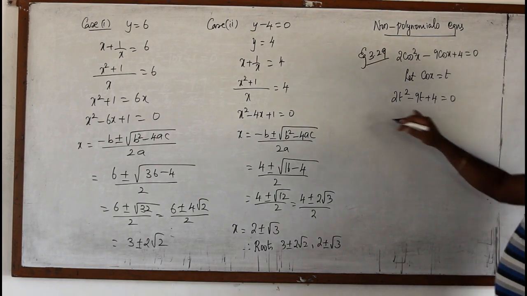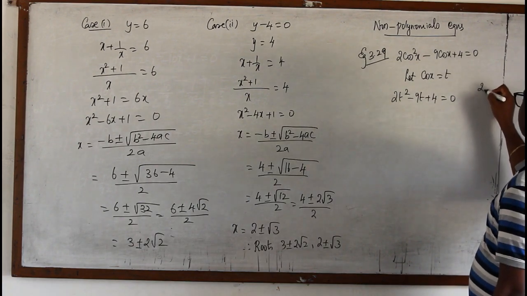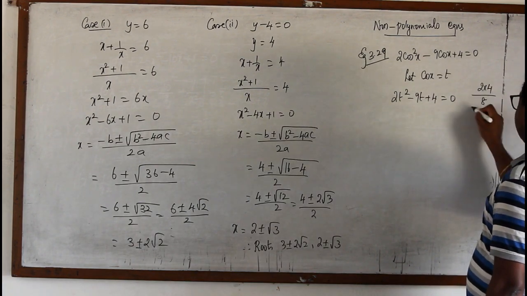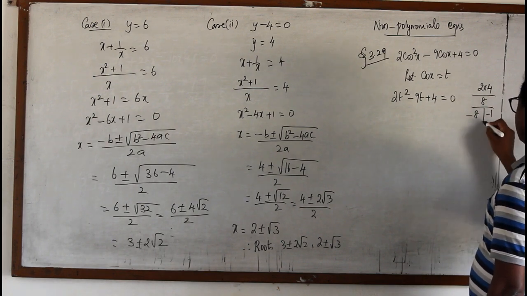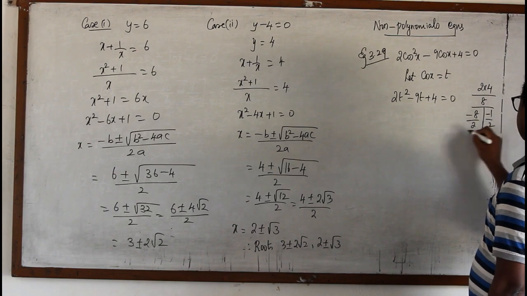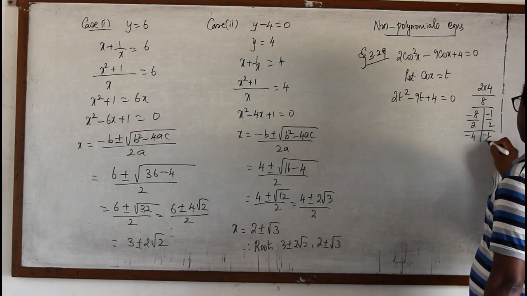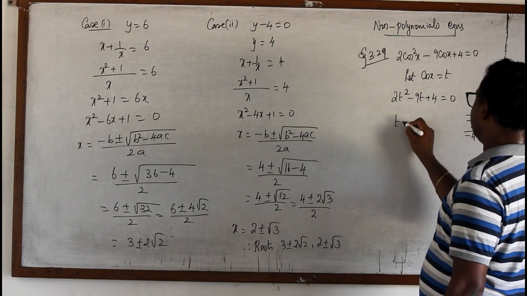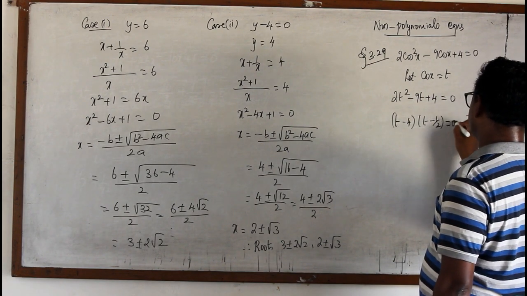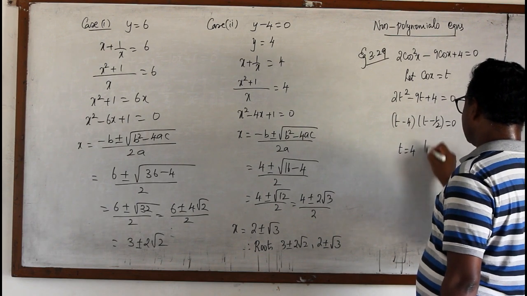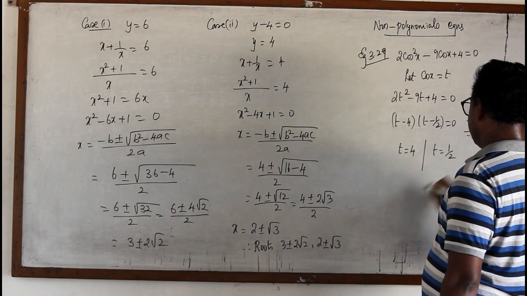Now, which is a quadratic equation, we can solve. 2 fours are 8. I need 9. So, 8 ones are minus 8 minus 1. If I divide by 2, by 2, it is minus 4, minus 1 by 2. So, t minus 4 into t minus 1 by 2 equal to 0. T equal to 4, t equal to 1 by 2.